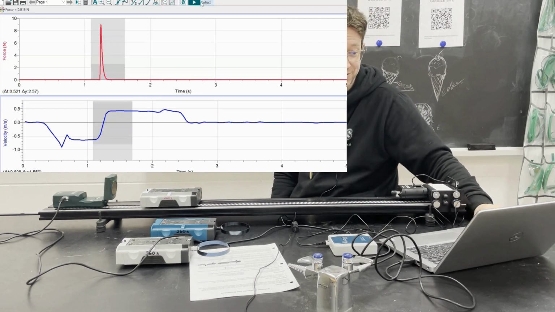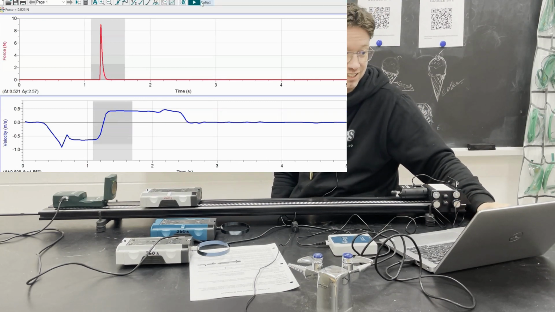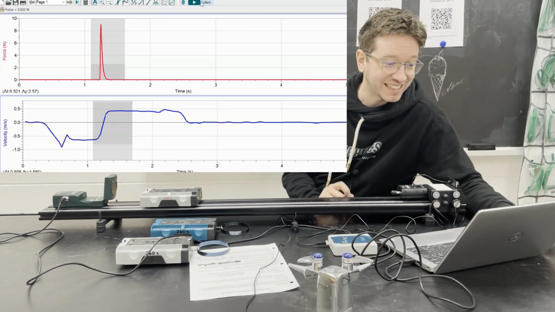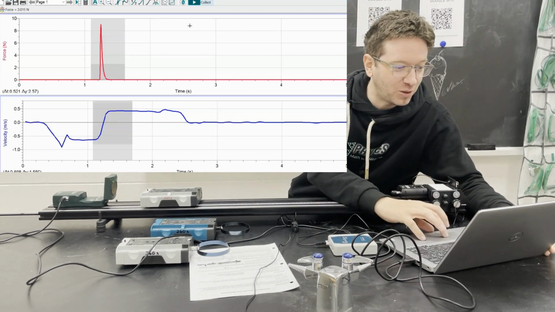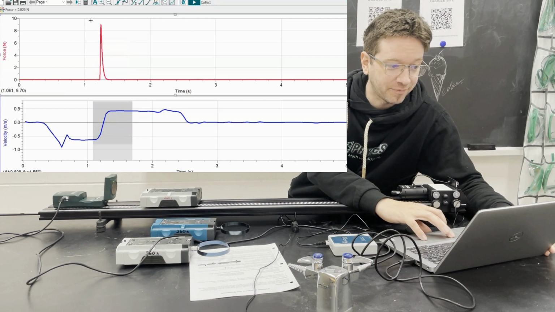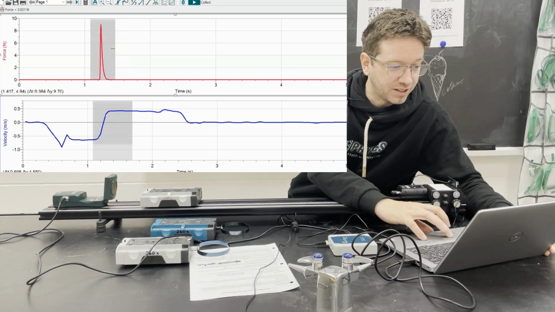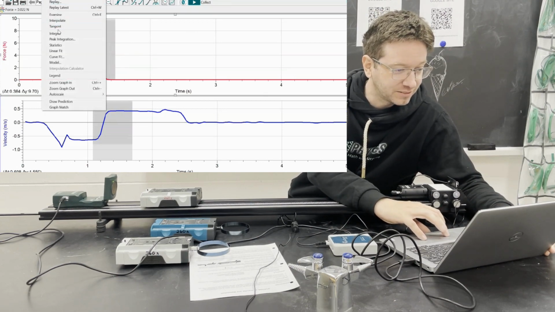Look at the difference in that amount of force. So much more force, and it's acted on over a very small time period. So let's check the impulse.